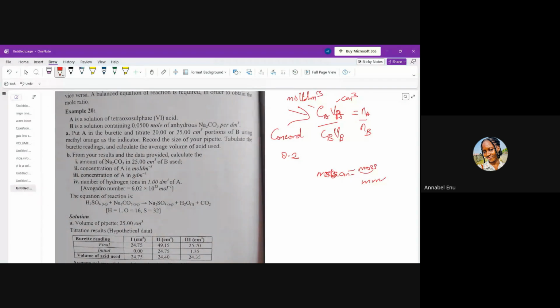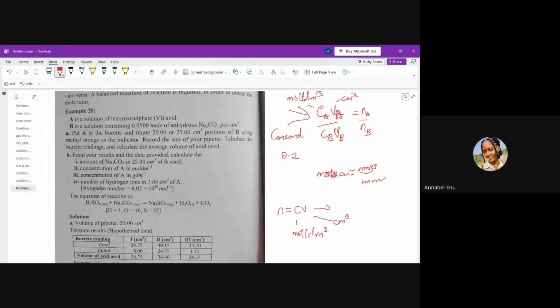So the time that we will need to convert is when we are dealing directly with a formula like this. We are trying to look for number of mole, n equals CV. We see our concentration is in mole per dm cube and our volume is in centimeters cube. We have to convert our volume.